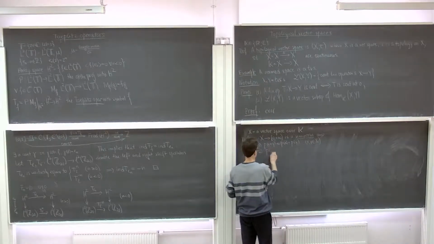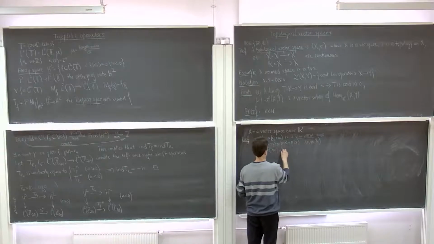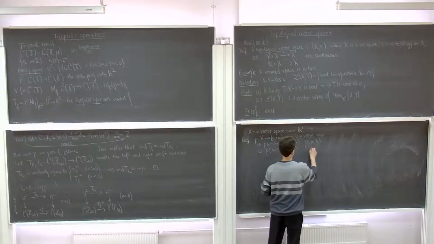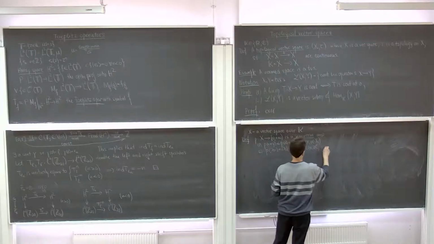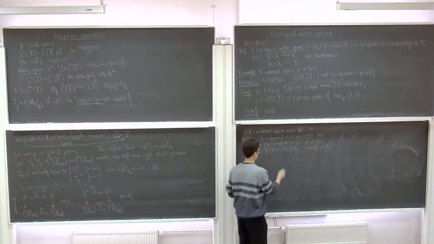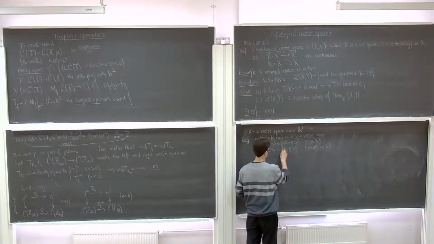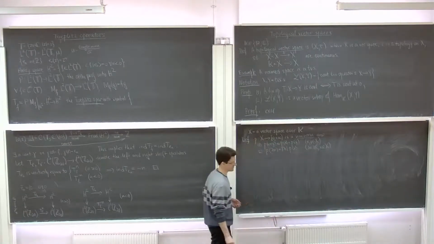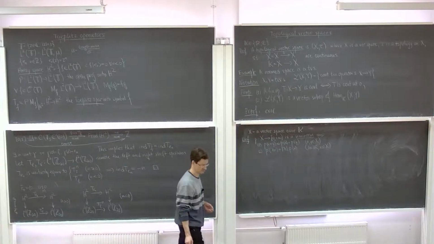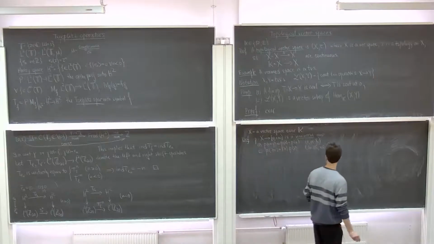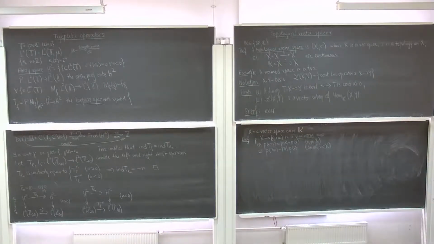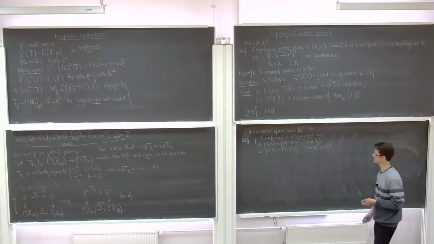And second, it is homogeneous in the following sense. In other words, the only difference between a norm and a seminorm is that a seminorm is allowed to vanish on non-zero elements. If P of x is strictly positive for each non-zero x, then P is just a norm.